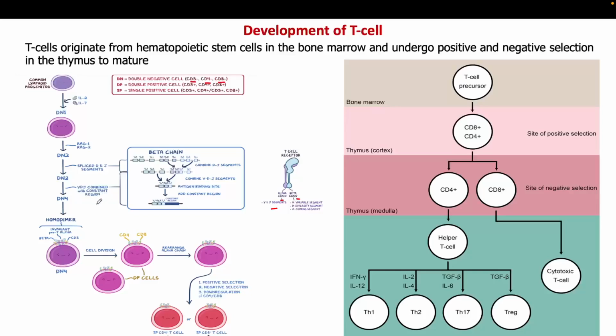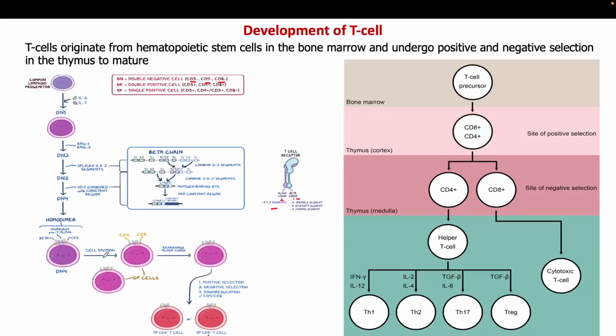Okay, now the constant region will form here in case of DN4. This is the DN4 where you can see that CD3 is present, means it is going to start the synthesis of CD3. Here the beta chain and alpha chain are now present. Okay, this is the starting of the TCR.